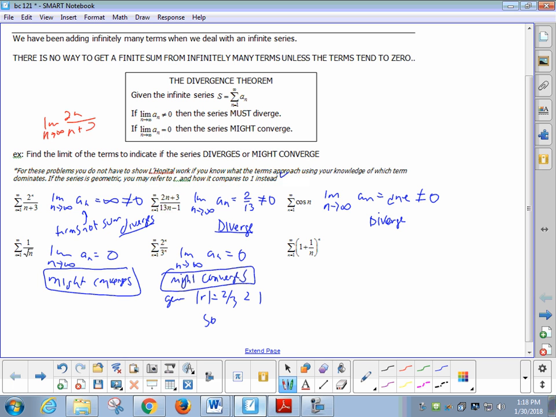Did I make a mistake? When you said converges, Alyssa just started. You said might. Oh, sorry. Nice. Glad I didn't hear it. If you were to do it that way, it's might. True. If you were to do it the geometric way, that is actually definitely convergent. So either way, it's fine.